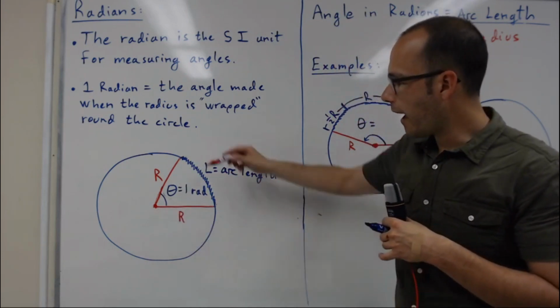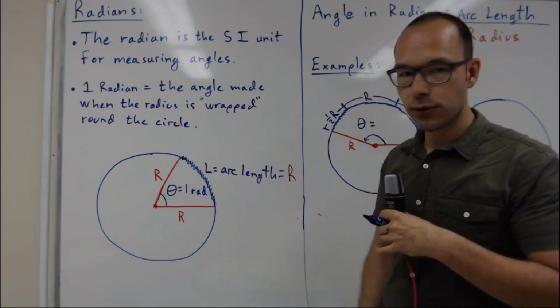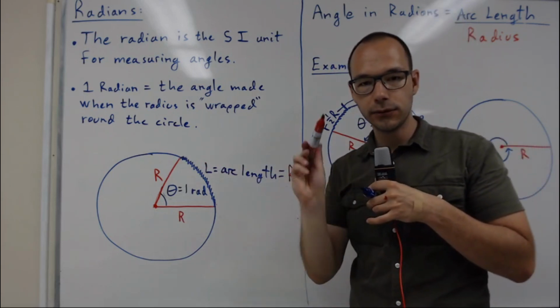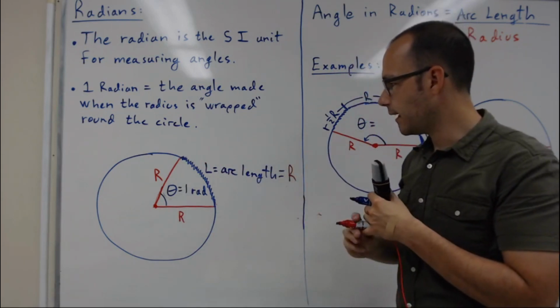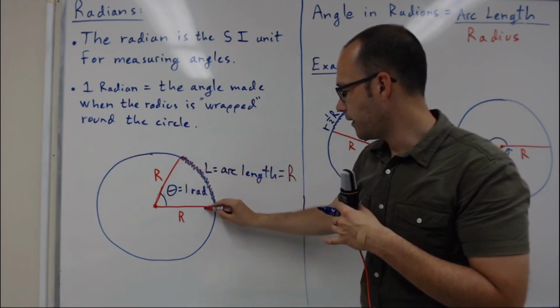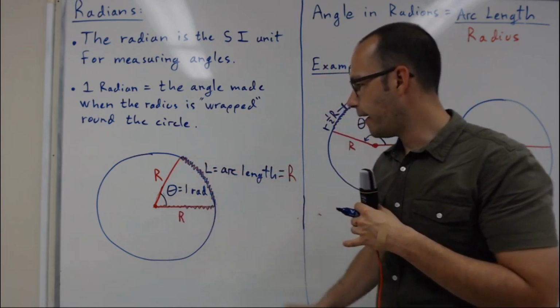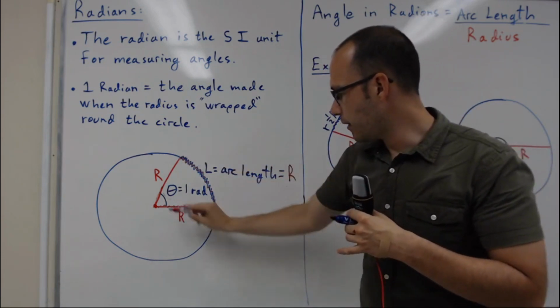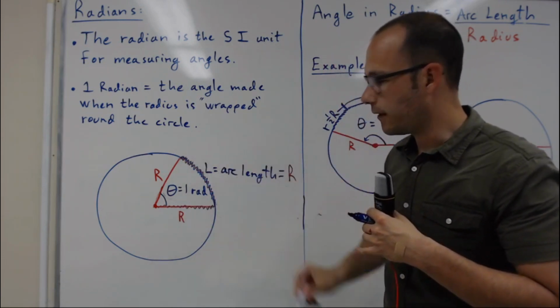So you have the radius wrapped around the circle. So you have the same measurement here as you have here. So you have radius and radius, but it's curvy here.